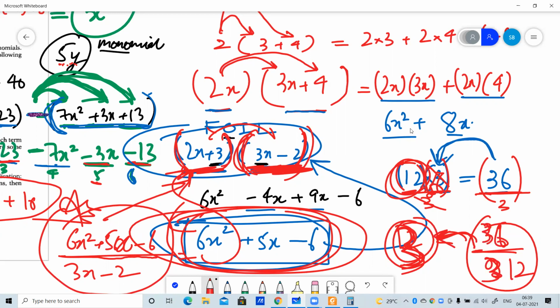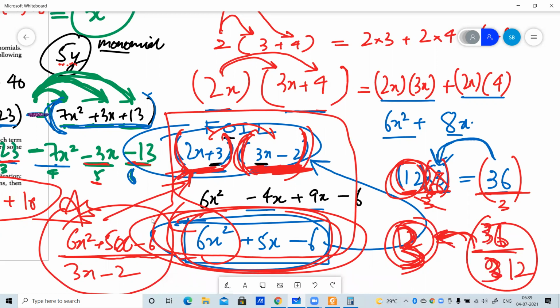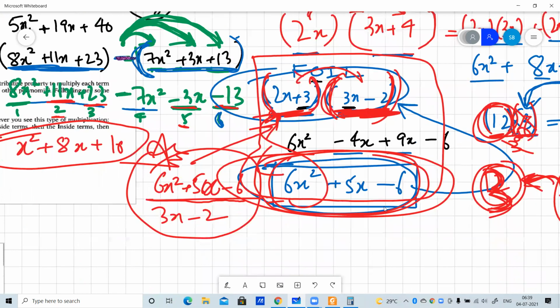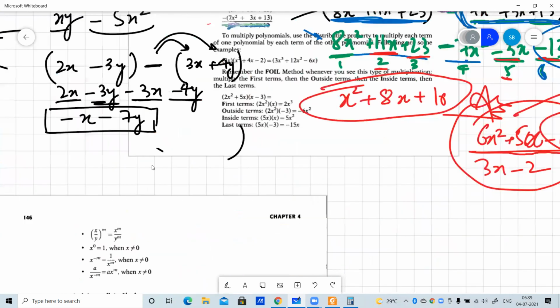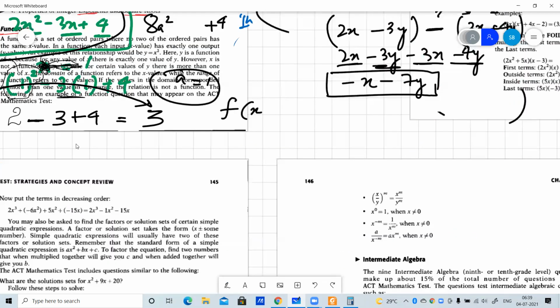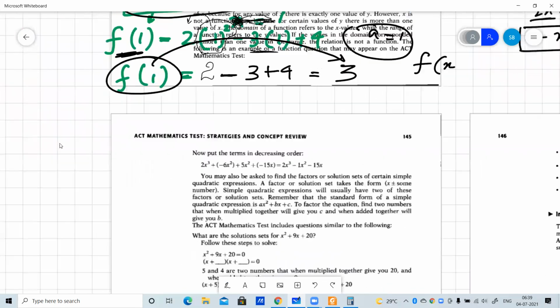Are you following? I'm following. So the same thing is happening here in polynomials also. Division by any factor to the polynomial will give you another factor of that polynomial. Right? Following.